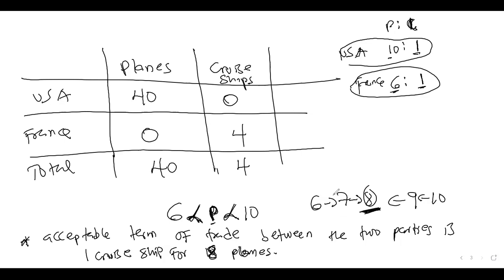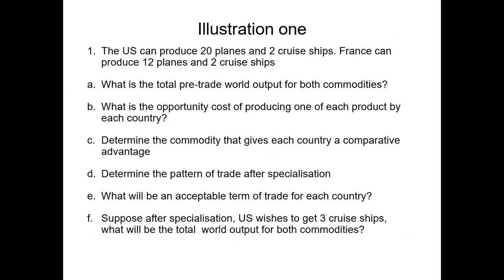Finally, the question says that suppose after specialization, US wishes to get 3 cruise ships. What will be the total world output for both commodities? Remember that the acceptable terms of trade is 8 planes to 1 cruise ship.